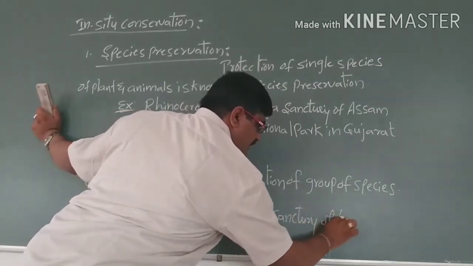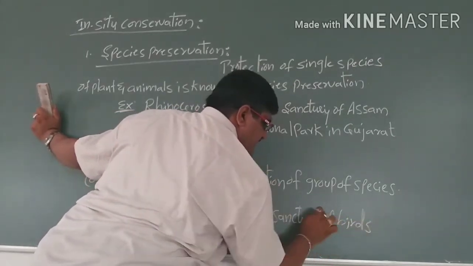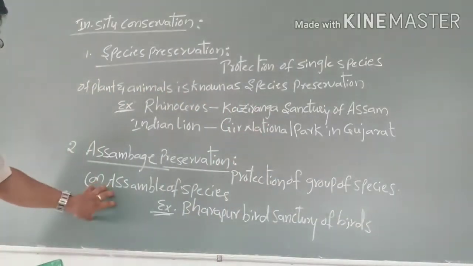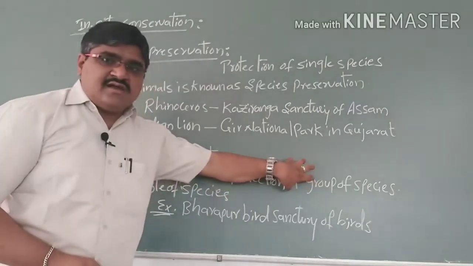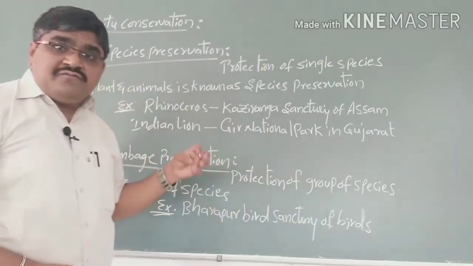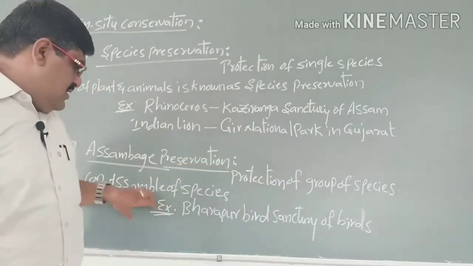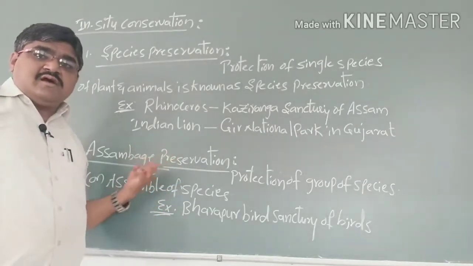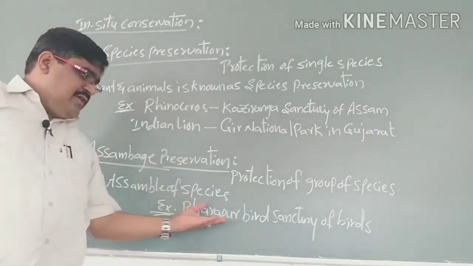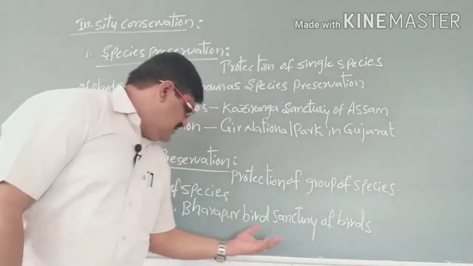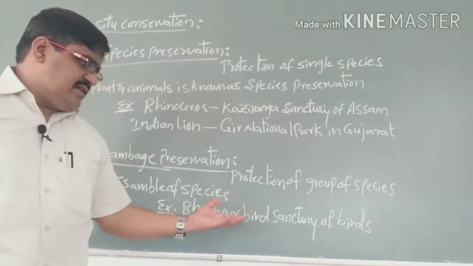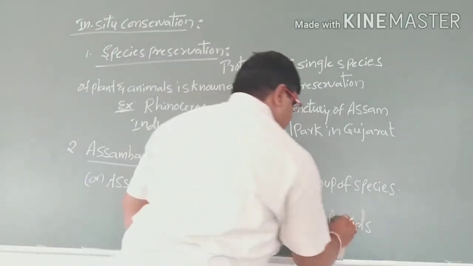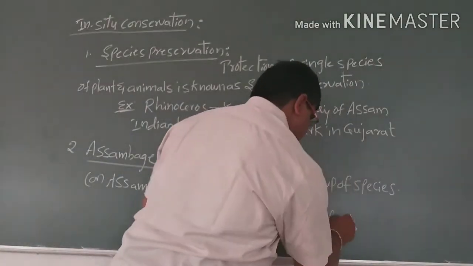Here various types of birds, a group of various species of birds, are conserved, where a group of species, an assembly of many species, are combined. So many species of birds are conserved in the Bharatpur Bird Sanctuary of Rajasthan.